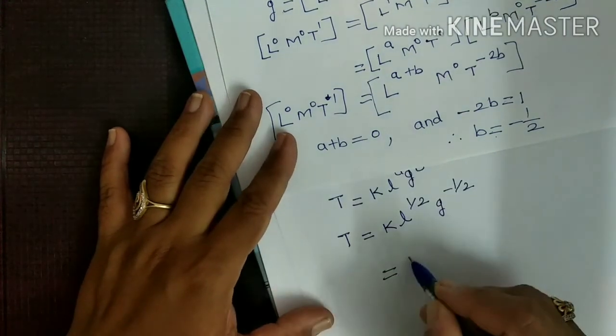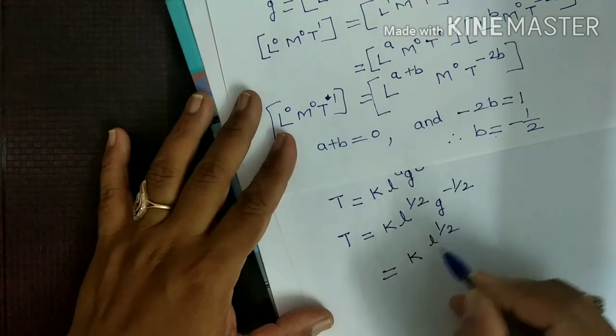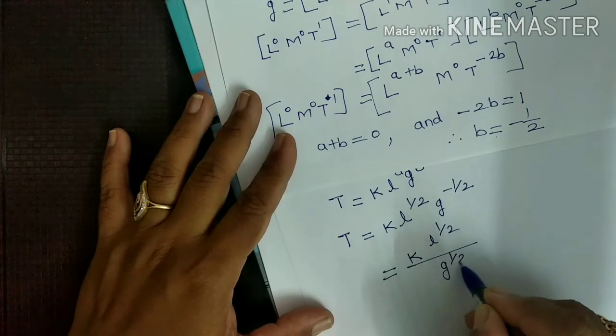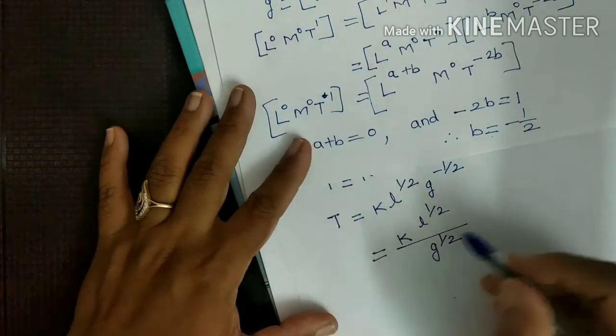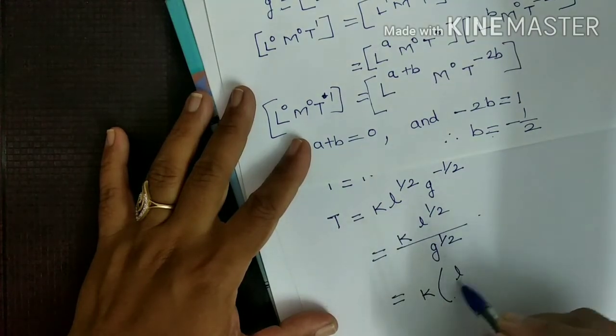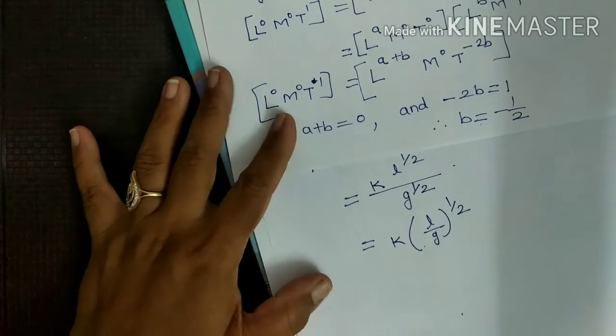That means we can write this equation as k into L by g raised to the power 1/2.